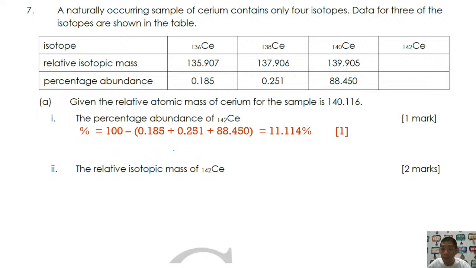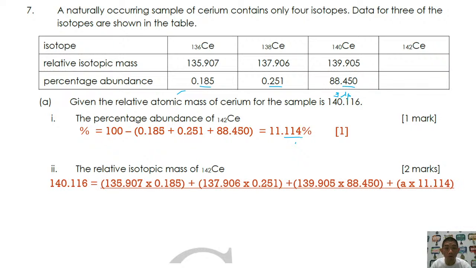So you can see inside here, all of the values in here have 3 decimal places. Okay, you can see carefully, all of them have 3 decimal places. So your final answer should also be in 3 decimal places. Okay, and then number 2, calculate the relative isotopic mass of the cerium in here.